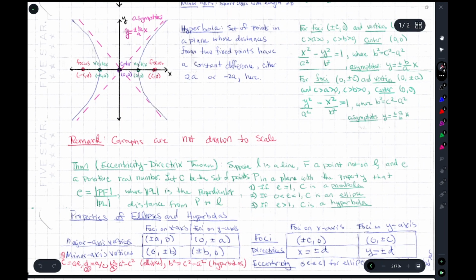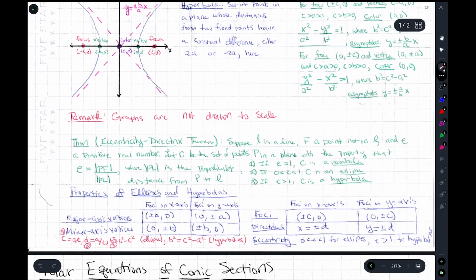Now this theorem here, the eccentricity directrix theorem: suppose L is a line, F a point not on that line, and E is a positive real number. This is what the eccentricity is.